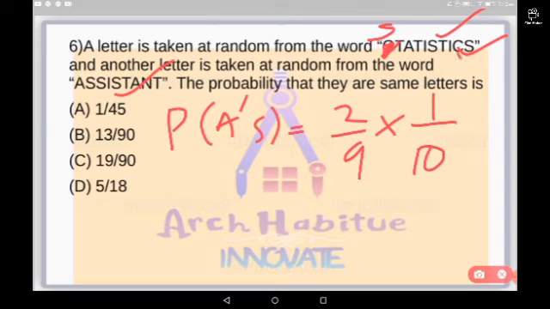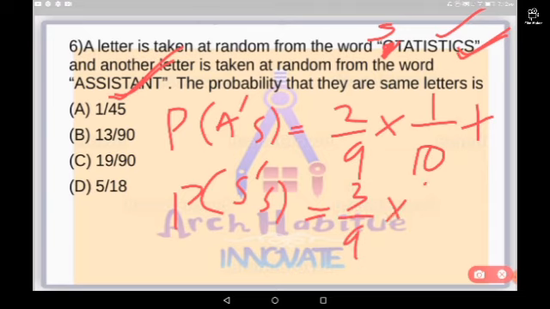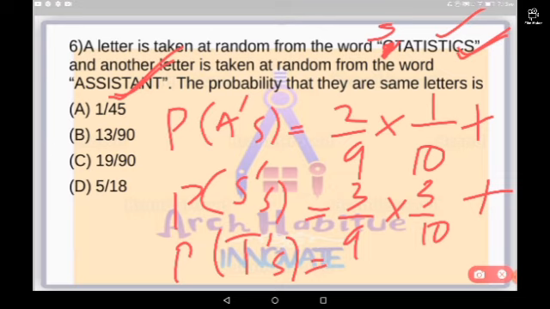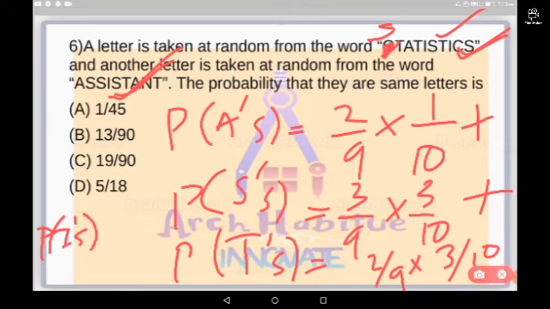From this it will be 1 by 10, and from this it will be 2 by 9, plus P of S will be 3 by 9 into 3 by 10, plus P of T's will be 2 by 9 into 3 by 10, and P of I's will be 1 by 9 into 2 by 10, right?